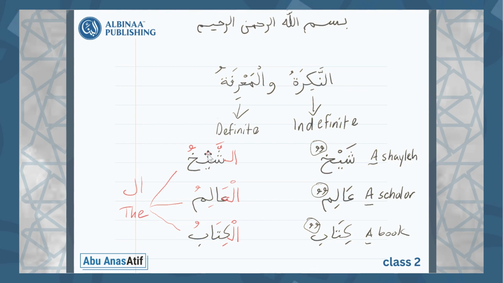All of these are definite, even though they don't have alif and lam, because they are ismun alam, proper nouns. So all proper nouns are definite. But we're not going to go into that now. The example that we want to use here is adding alif and lam to an indefinite noun. Is that clear?